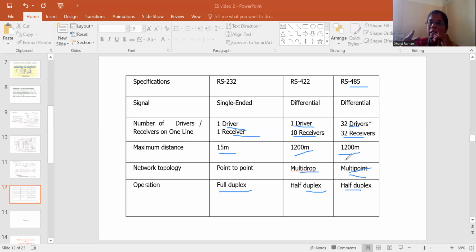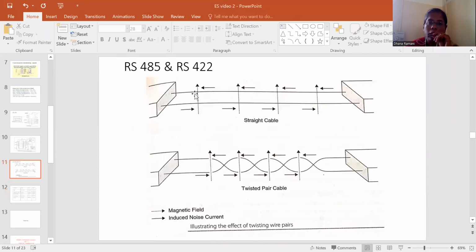And you can see that noise reduction can also be achieved with the help of twisting of cables. That is what is shown in the previous slide, where when we go for twisting of cables, we can have still more noise reduction. You can see that in case of RS232, the cable is a straight cable, whereas in RS422 and 485, the cables are twisted.